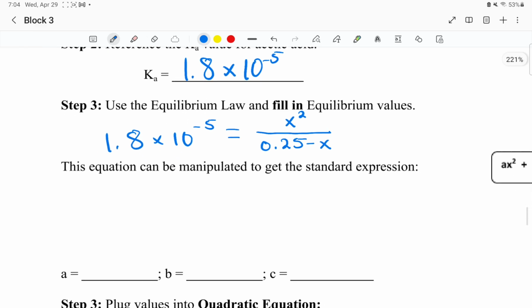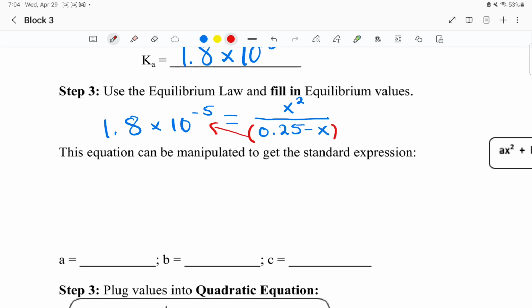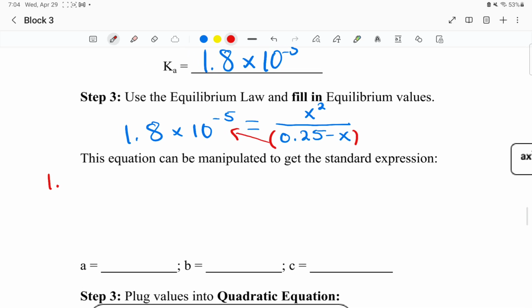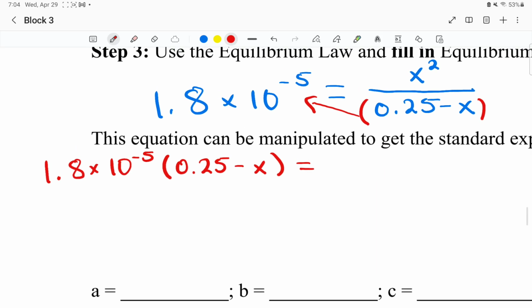Now why don't we rearrange this into the standard form of a quadratic equation. Our first step is we have 0.25 minus x at the bottom, so I'm going to bring that up top. That gives me 1.8 times 10 to the negative 5 times 0.25 minus x, which is equal to x squared.